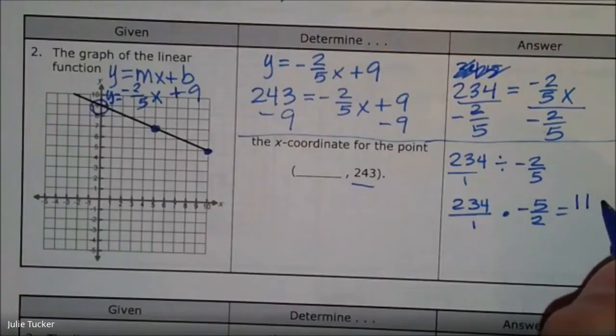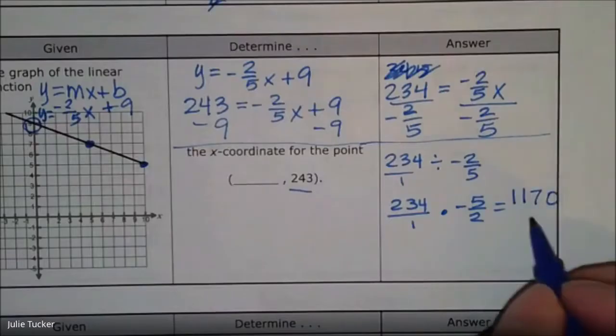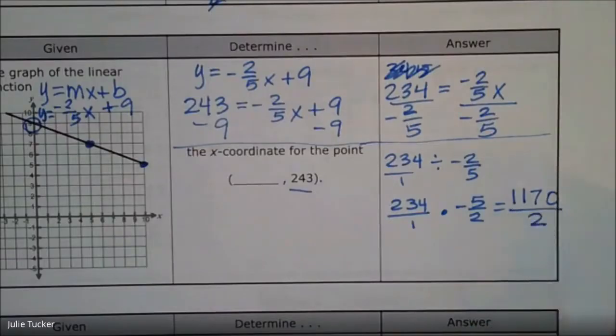Well, now that will be 1,170. Okay. And then it's going to be over 2. So can you take the calculator and say divided by 2 now?